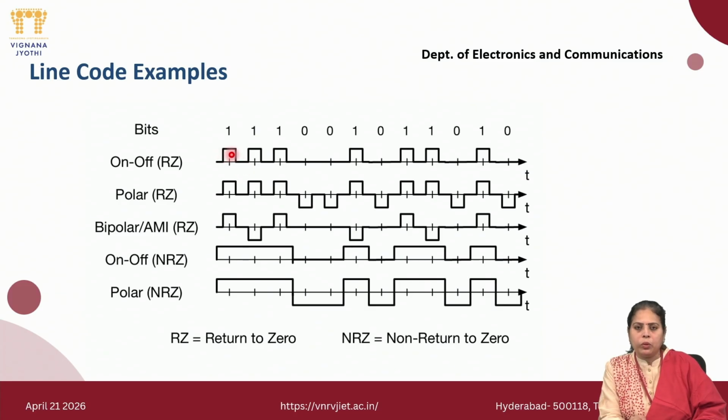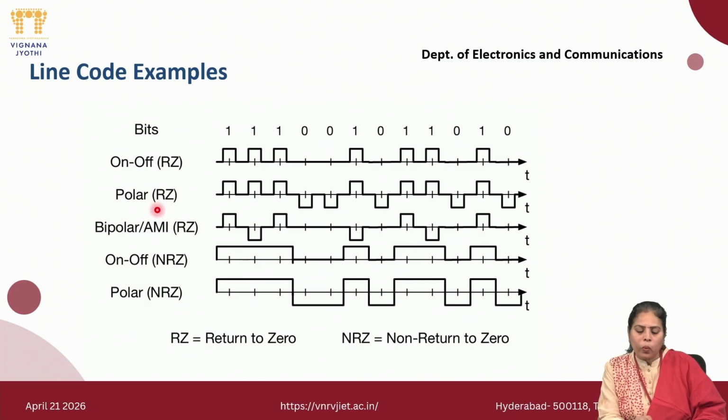For one, I am using a positive polarity pulse, which is on for half the duration and off for the other half duration. Whereas for 0, we are holding the line at 0 volts. The same follows for the other bits.